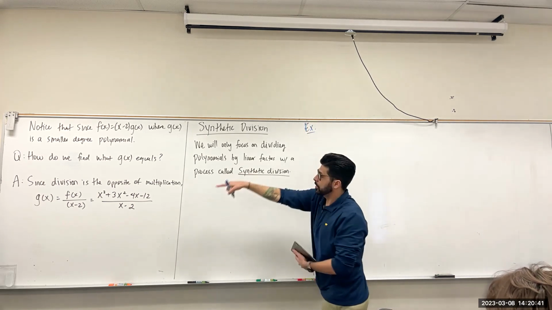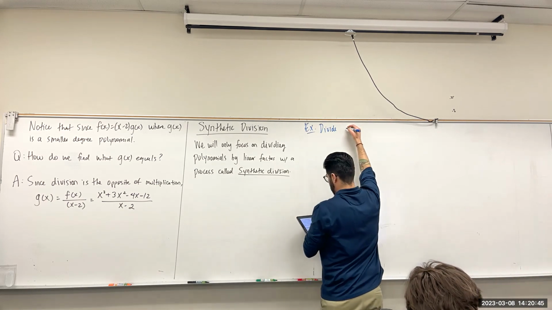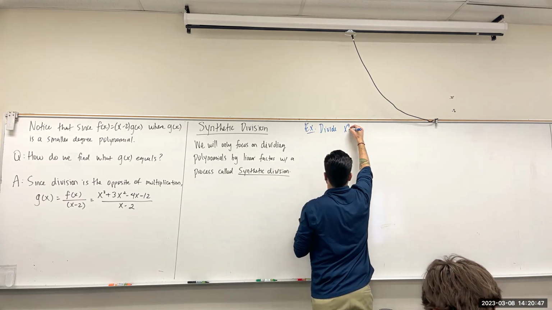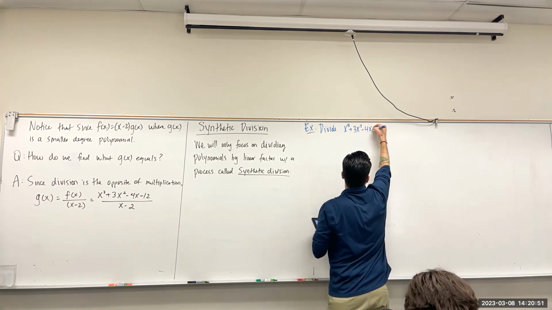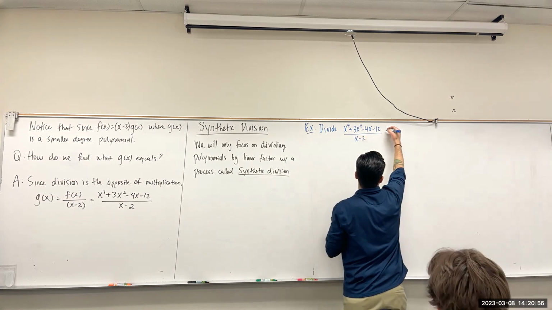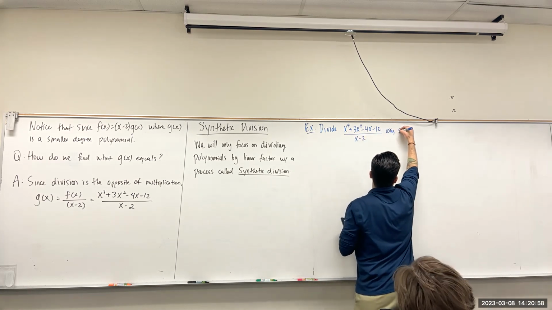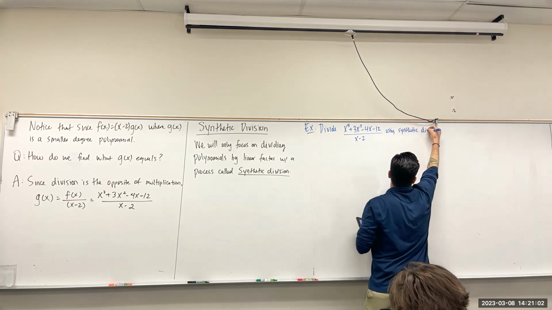So let's actually continue with this one and let's divide x cubed plus 3x squared minus 4x minus 12 by x minus 2 using synthetic division.